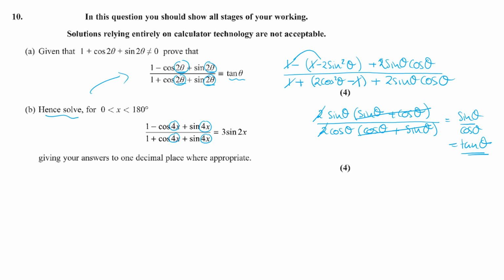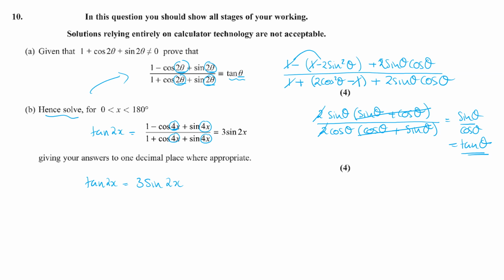So because we've gone to double here, we can go to double here. So we can say that tan 2x is also equal to that expression, which they're now asking us to solve when it equals the 3 sine 2x. So we can just say that tan 2x is equal to 3 sine 2x.